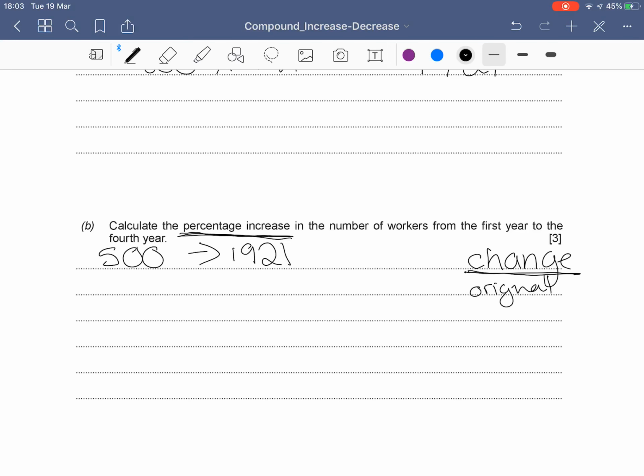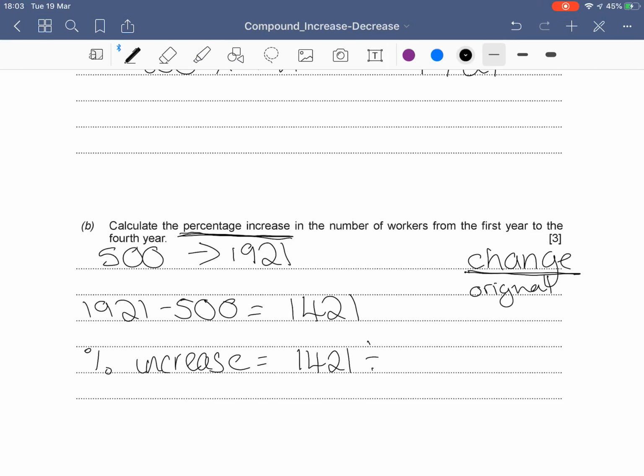So if I take those two away, I'll get my change, which is 1421, and then to get my percentage increase, I'm going to take that 1421 and divide it by the original value, which was 500. So if I divide that by 500 on my calculator, I end up with 2.841, but that's obviously not a percentage, so if I times that by 100, I'll get a percentage, which is 284.2%.